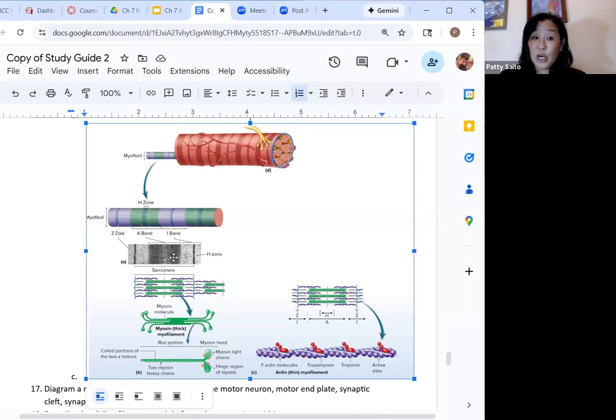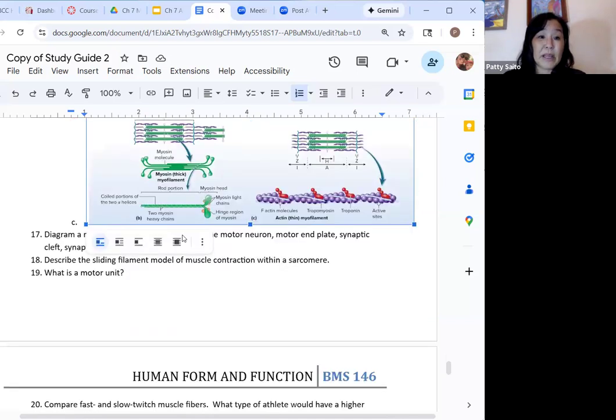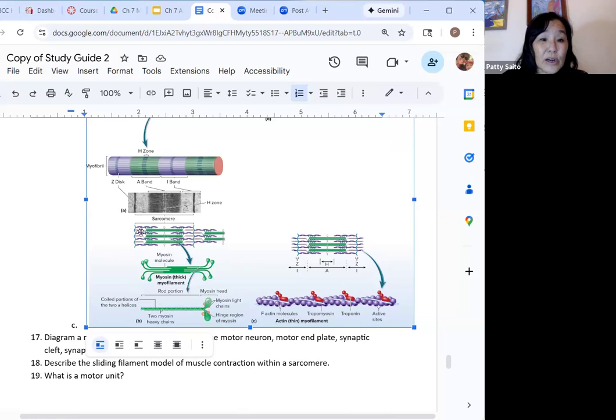It has patterns of dark and light because there are thick filaments that appear darker and thin filaments that appear lighter. So we're looking at a single sarcomere here, and we can see the thick filaments in green and then the thin filaments on either side of that. Here's the thick filament made up of all the myosin molecules. And then we have the thin filament made up of the three parts: the actin, the troponin, and tropomyosin.